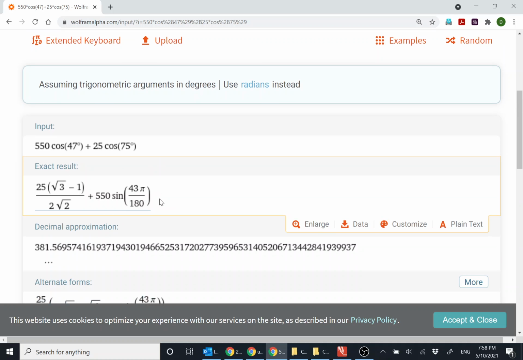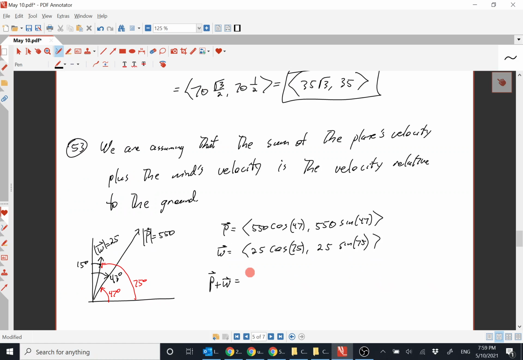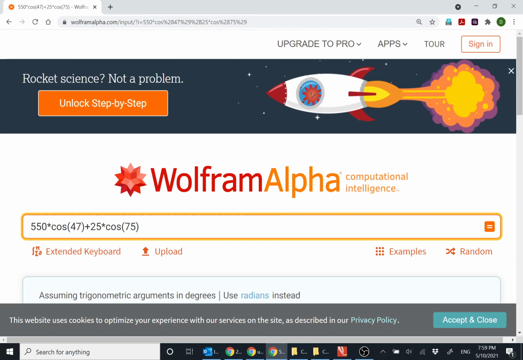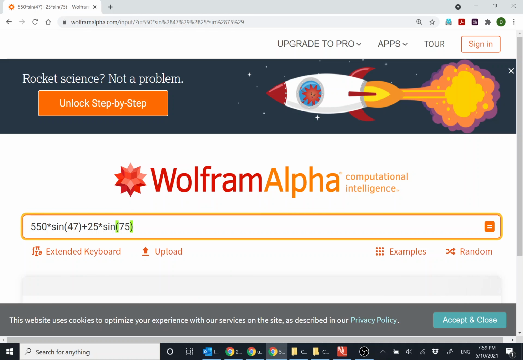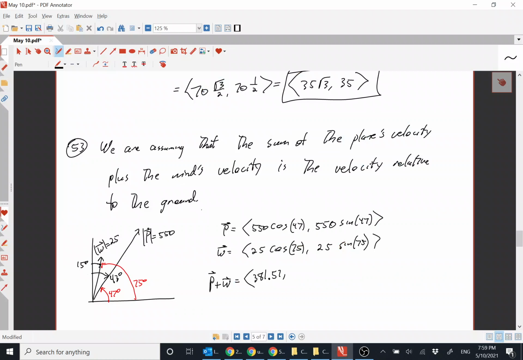You can use this to do some nice calculations. It is what I said: 381.569. Let's say 381.57. And for the y coordinate, it's the same thing, just with the sines. Or 426.39.